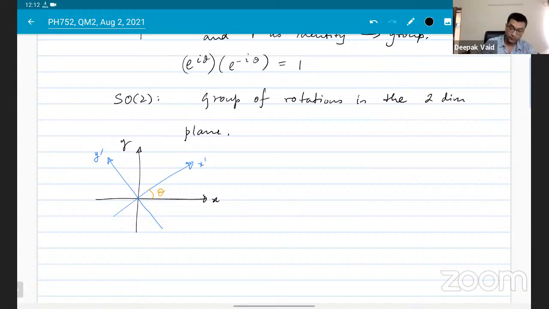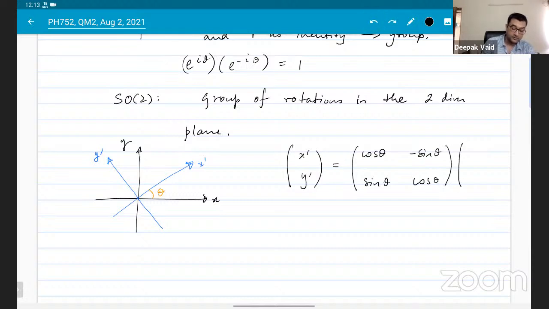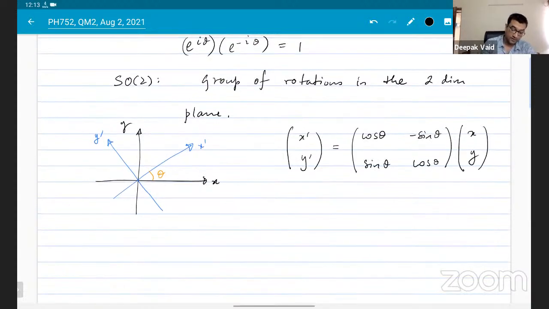Then how are the two coordinates related to each other? I can write the relation like this, right? Again, this is something that I hope all of you have seen. So this object, let me call this r theta, right? It's a 2 by 2 matrix, right?